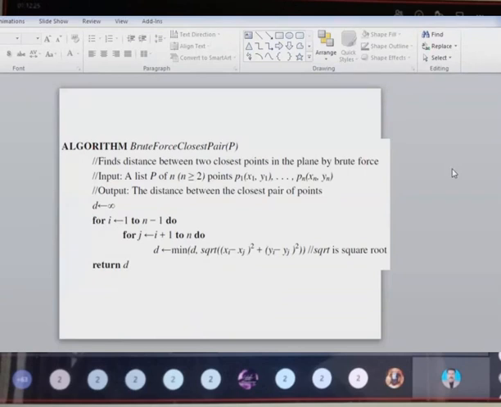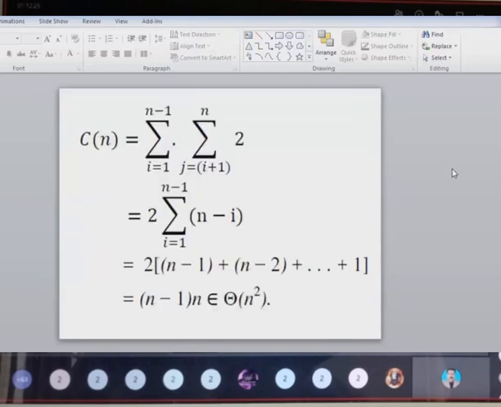I equals 1 to n minus 1. Next summation is j equals i plus 1 to n. The 2 represents two points x and y. Clear, everyone? Now, let me share the screen, whiteboard.